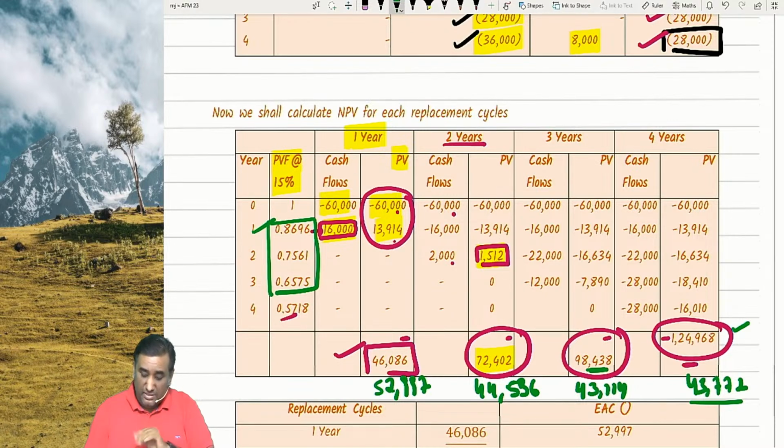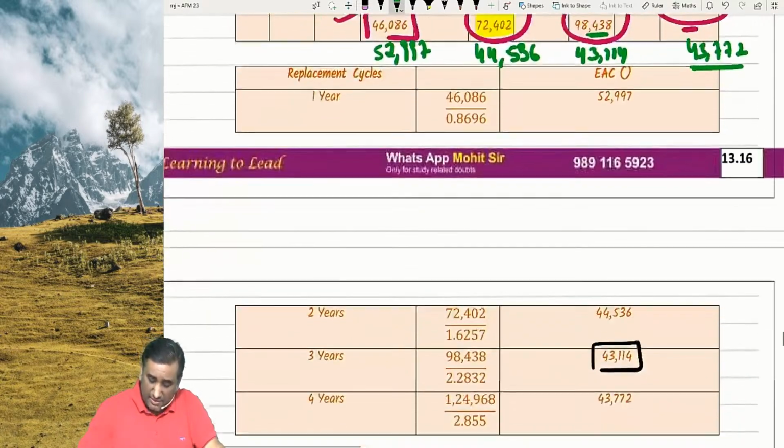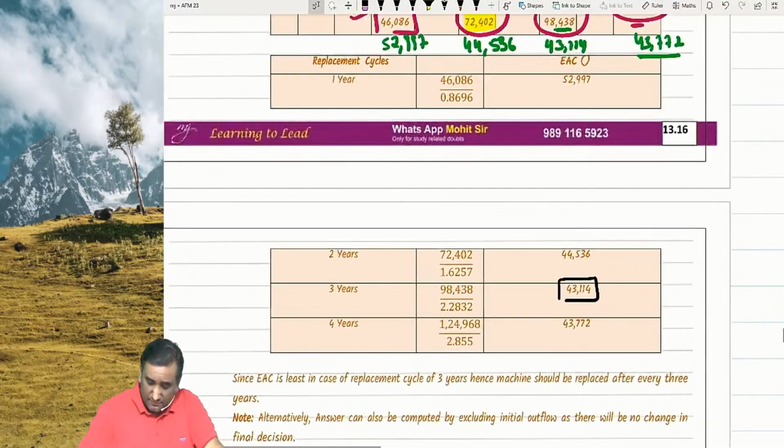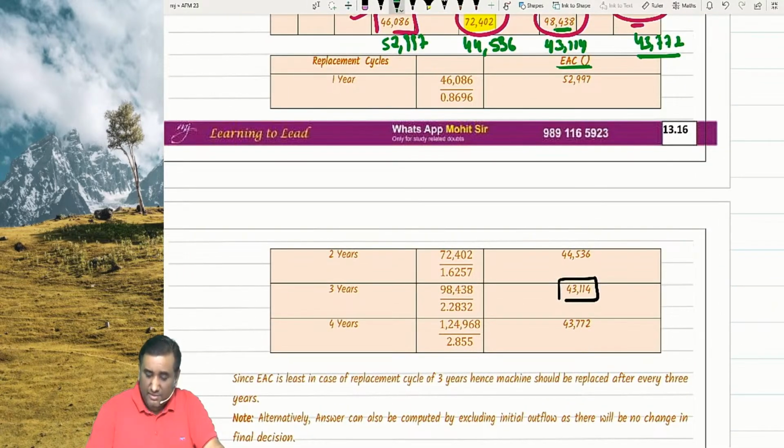If we run for 2 years, average costing is 44,500 approximately. If we run for 3 years or replace after 3 years, costing is 43, and after 4, 43,772. So replacement cycle should be what? That is exactly what it comes. Look at this, EAC.